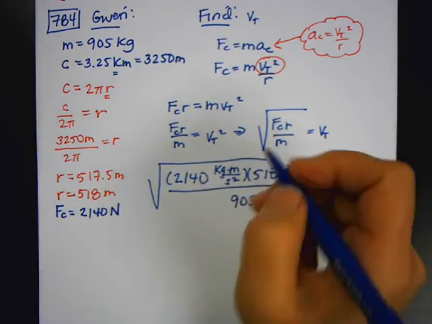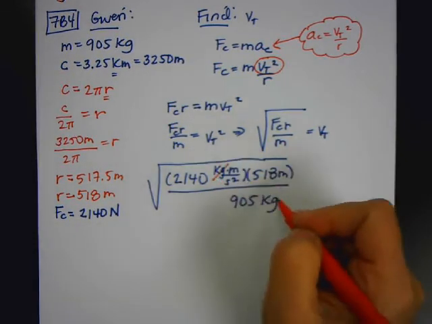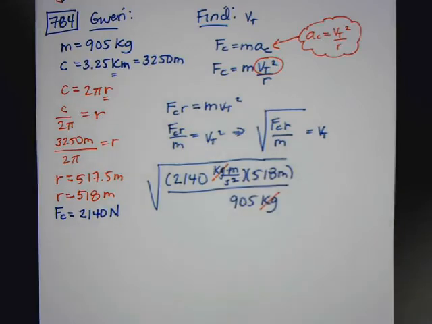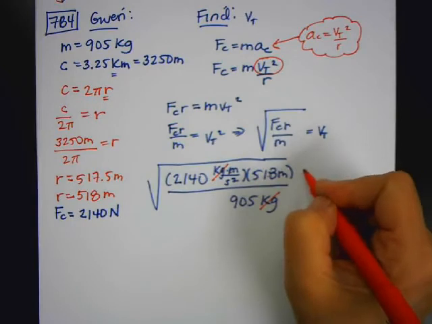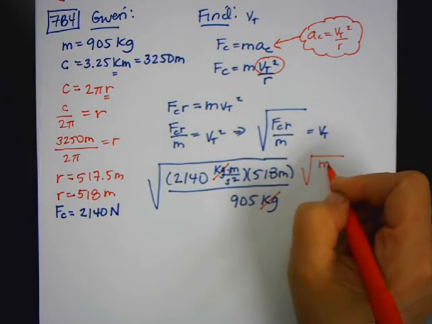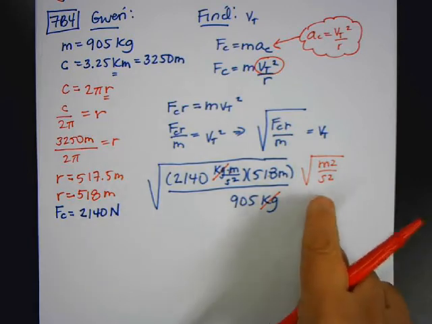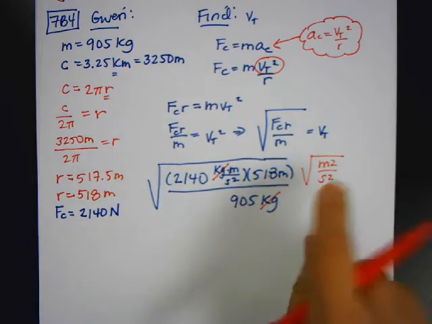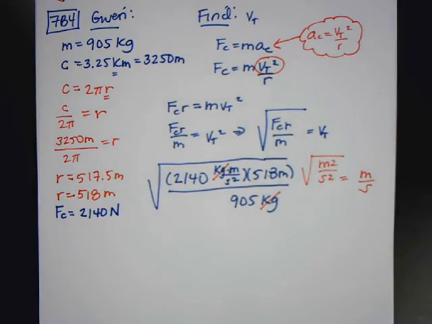Now before I start plugging everything in, remember in physics, carrying my units through and canceling them is a foolproof way to check my work. So I see this kilogram in the numerator cancels with that kilogram in the denominator. But then this is multiplying, so underneath the radical, I'm going to have meter squared over second squared. So when I take the square root of the number, I also have to take the square root of the unit, which will give me meters per second. So I see I didn't make a mistake.